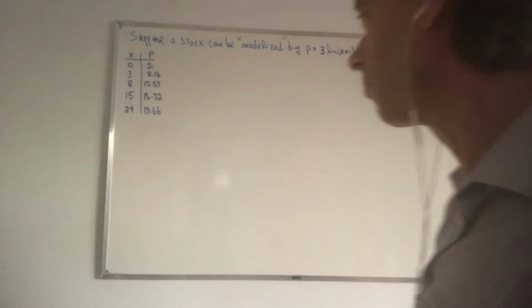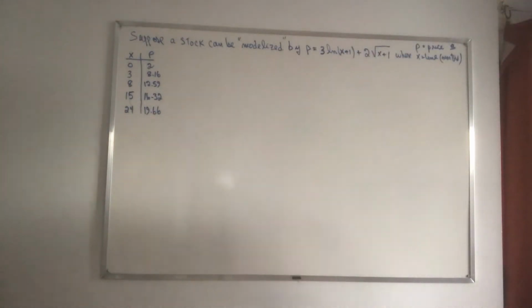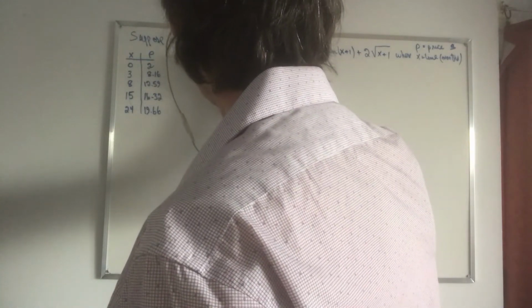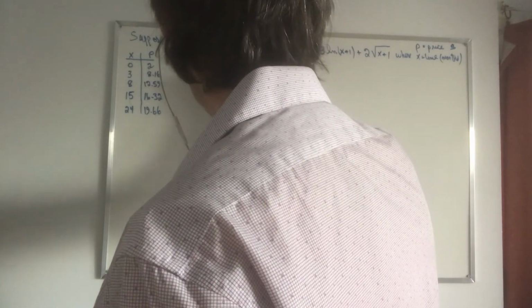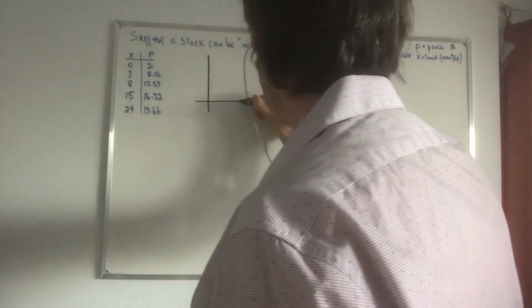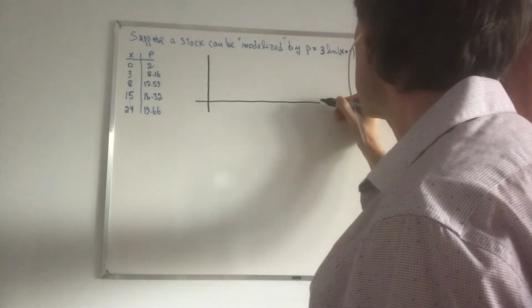Now, let's see if we can sketch the graph of this using the points that we are given here. Let us put this in a different color. Let us have here a y-axis and an x-axis.